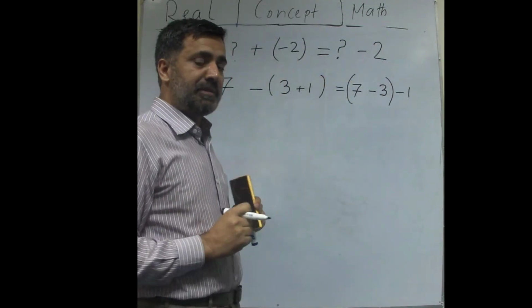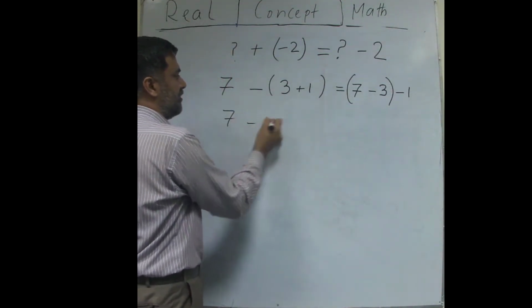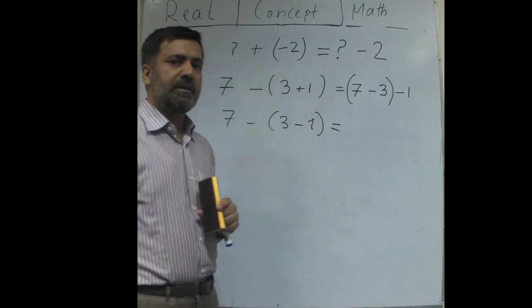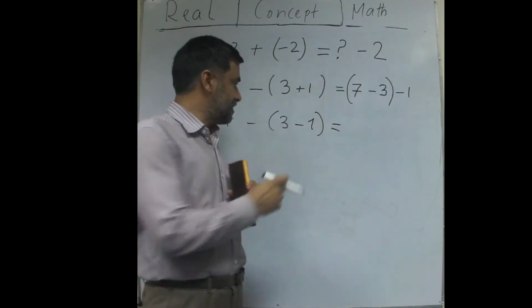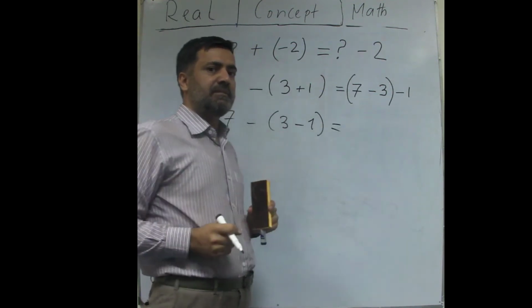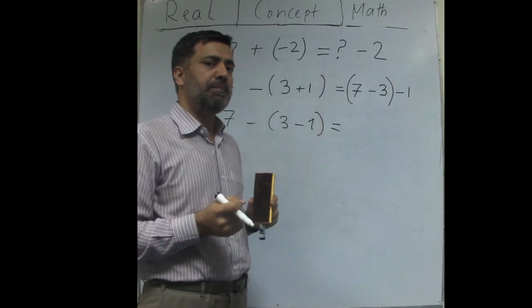But let me do something else. What if I replace this plus 1 with minus 1? Compared to 3, I'm now subtracting less. So I should expect that the difference should go up.